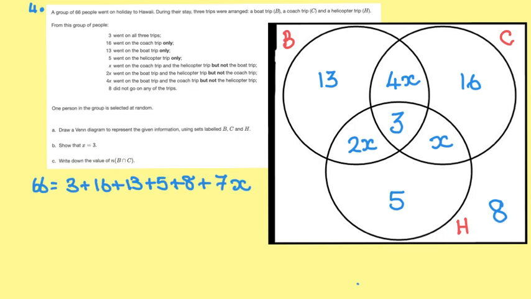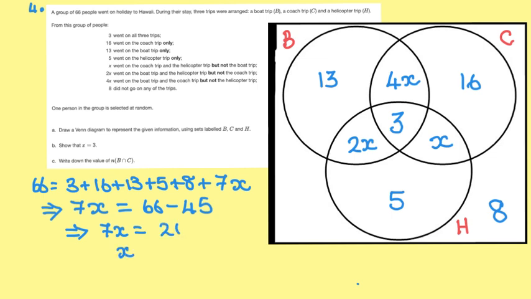So therefore, 66 is equal to 3 plus 16 plus 13 plus 5 plus 8 plus 7x. Therefore, 7x is equal to 66 minus 45. Therefore, 7x equals 21. So x equals 3.